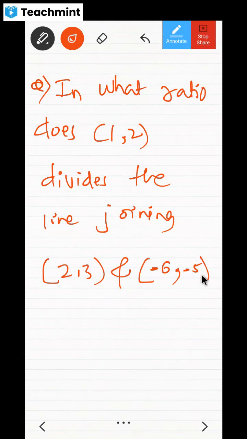Try this. Did you understand this question? Now what they're asking about this ratio. Clear, dear children?